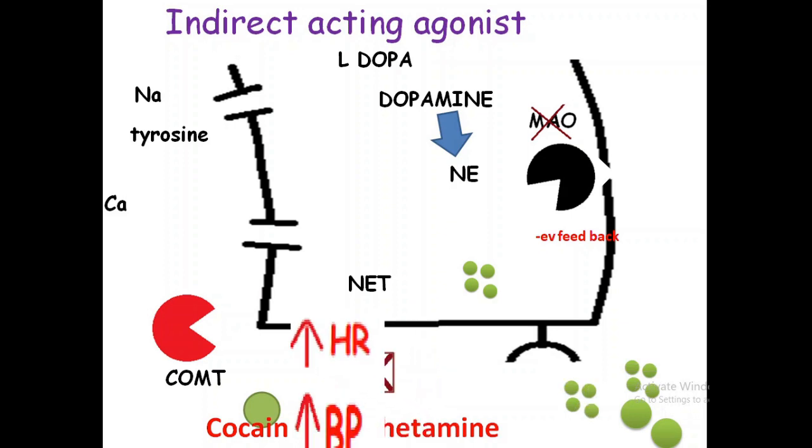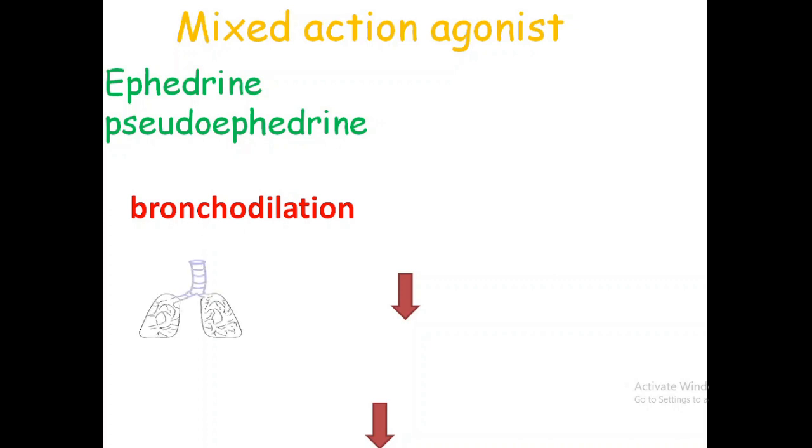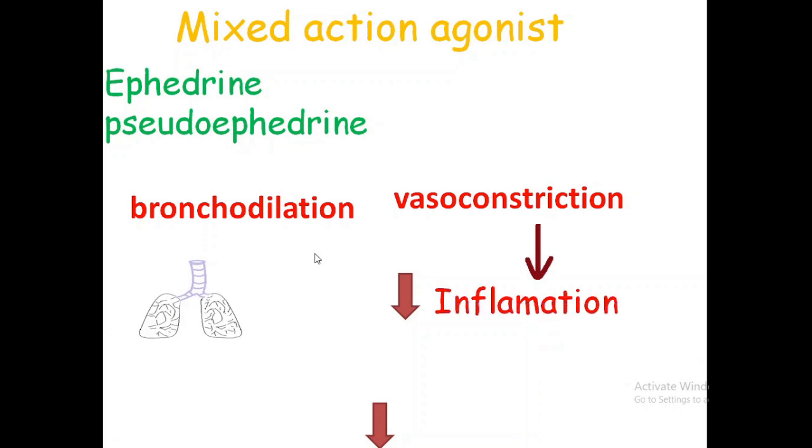Lastly, I want to briefly discuss mixed action adrenergic agonists. Examples of drugs that belong to this group are ephedrine and pseudoephedrine. These drugs can cause activation of adrenergic receptors by both direct binding as well as release of stored norepinephrine from presynaptic terminals.